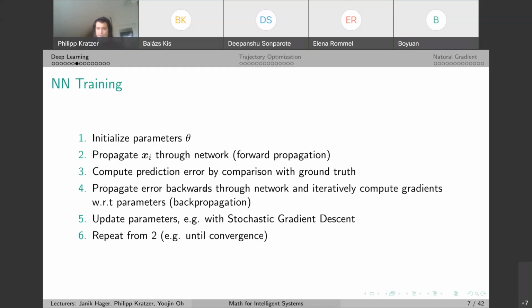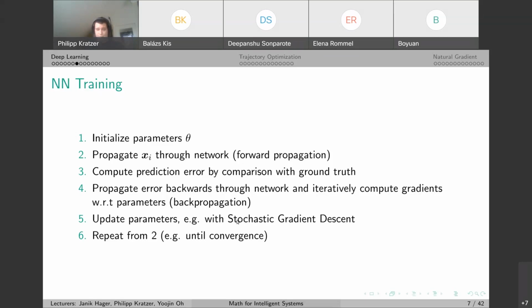You have seen in previous weeks' lectures how gradients can be computed for such functions. Then we update the parameters. Usually stochastic gradient descent is used. Gradient descent you should know from previous lectures.